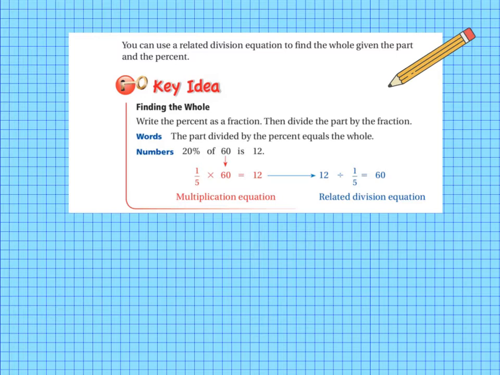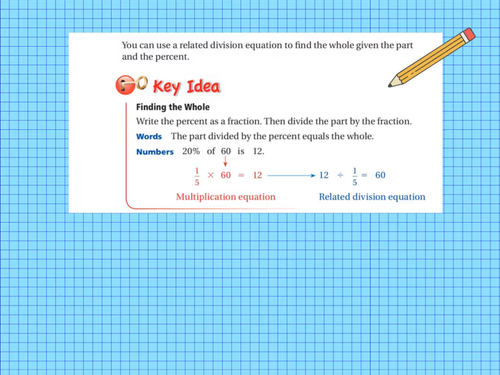Here's a second key idea for you to write down. It says you can use a related division equation to find the whole given the part and the percent. So it says finding the whole. Write the percent as a fraction, then divide the part by the fraction.